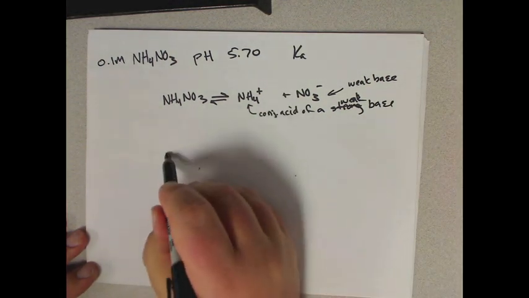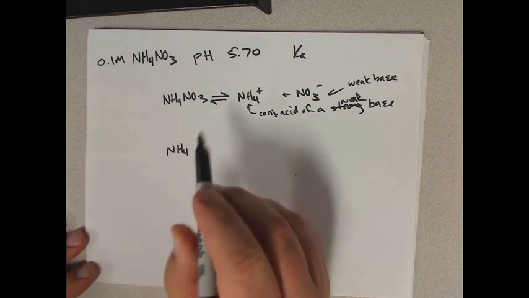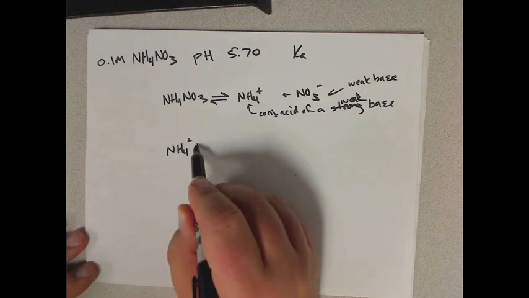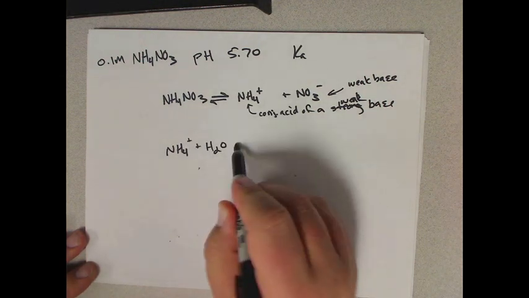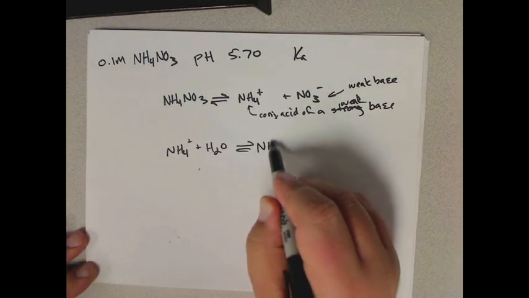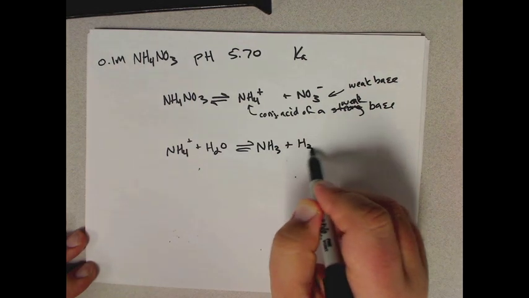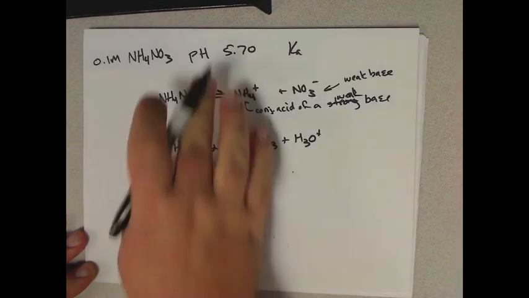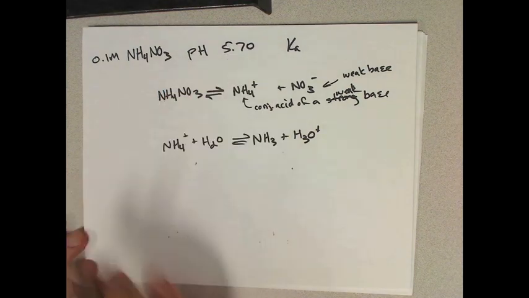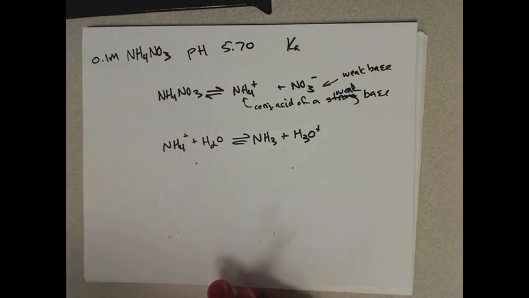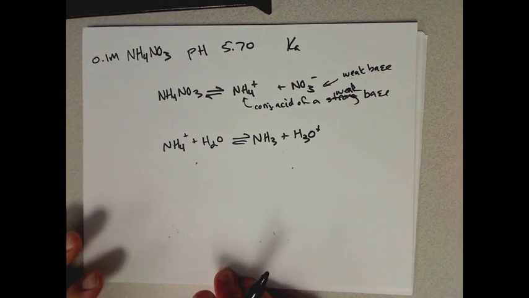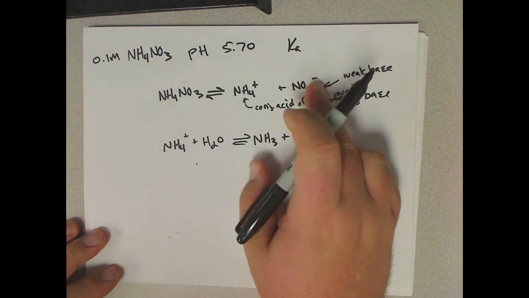So this molecule can dissociate. We know that ammonium can make an acid, and that would explain why this thing is a little bit acidic. So now the question is, how do we get the pH? In this case, the nitrate doesn't contribute anything.